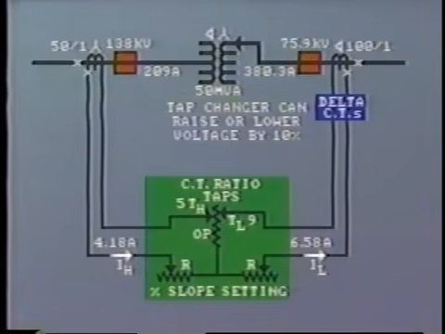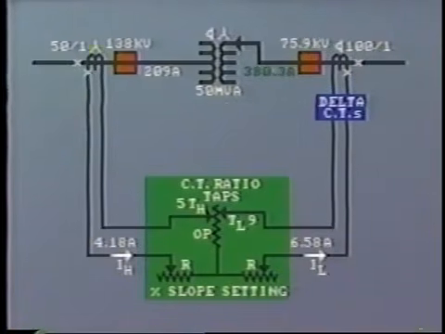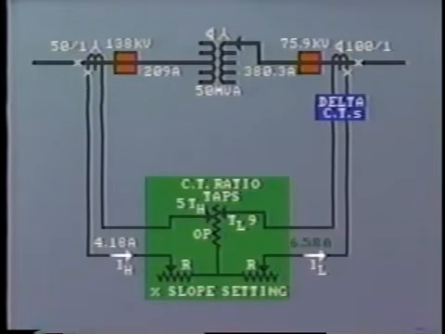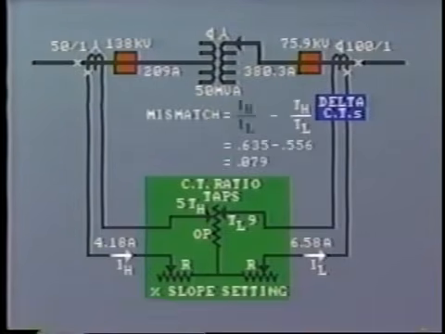Line current in the secondary would now be 50,000 divided by root 3 times 75.9, which equals 380.3 amps. The secondary current in the restraint winding would now be 380.3 divided by 100 times root 3, or 6.58 amps.